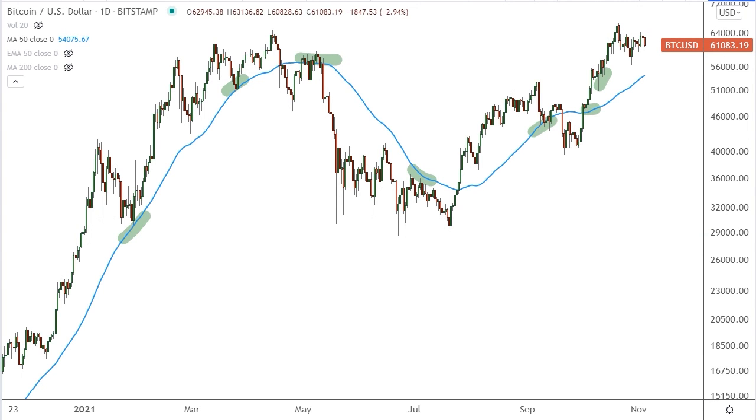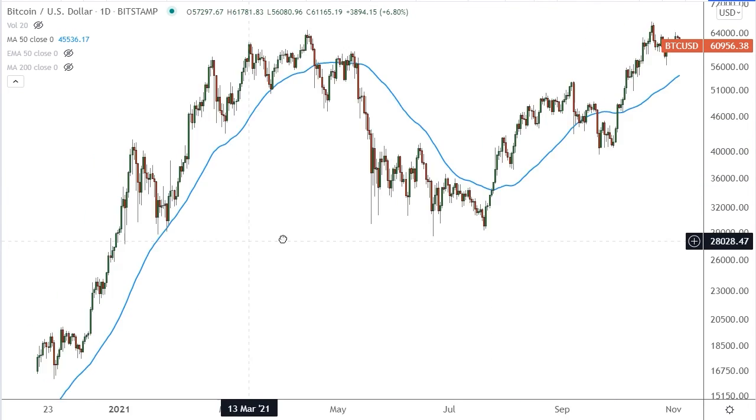Another way that traders can use moving averages is to determine the trend direction. So basically, when the price is above the moving average, then the trend is said to be up, and you want to look for buying opportunities. If price is below the moving average, then the trend is said to be down, and you want to look for selling opportunities.